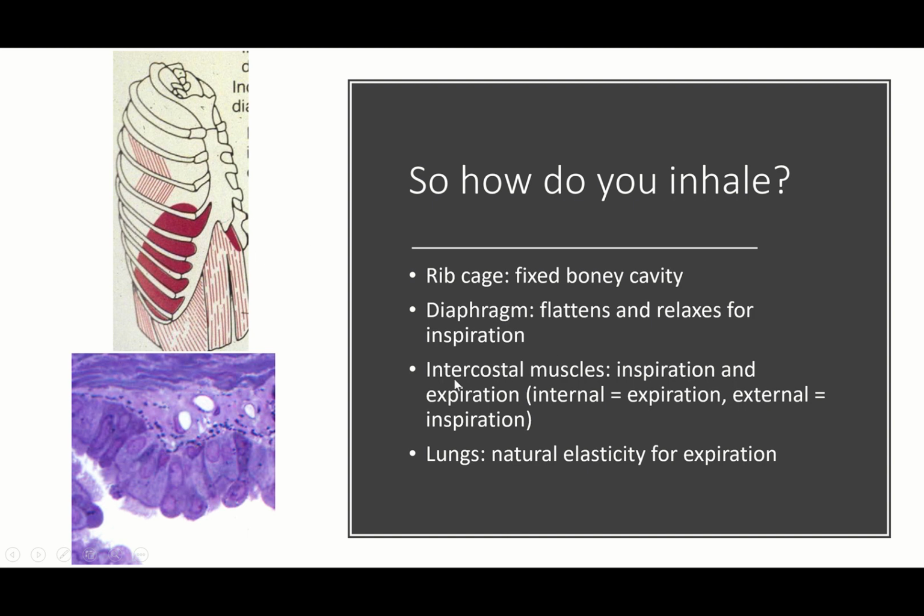Okay, your intercostal muscles are just the muscles in between your ribs. Those again are going to help your rib cage move up and down in a kind of complicated way. So they help with inspiration and expiration. Your internal intercostal muscles help more with expiration, and your external intercostal muscles help more with inspiration.